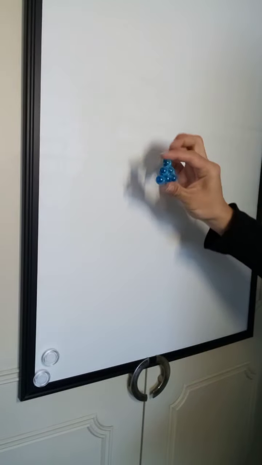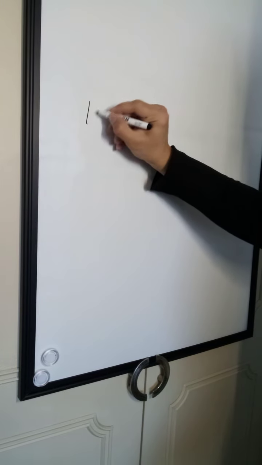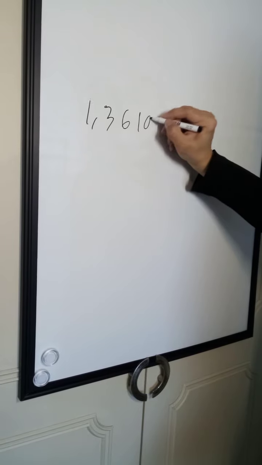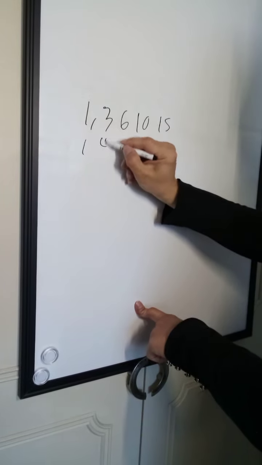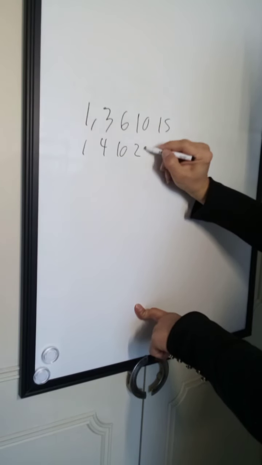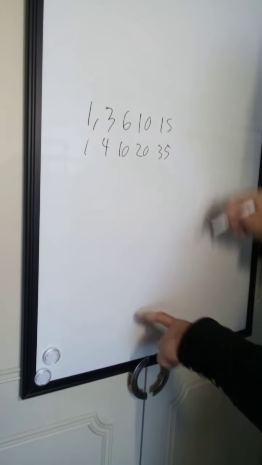So this is triangular numbers, illustrated by this here. And what you get if you sum up the triangular numbers? Well, then you got 1, 4, 10, 20, and 35. And it goes on and on.